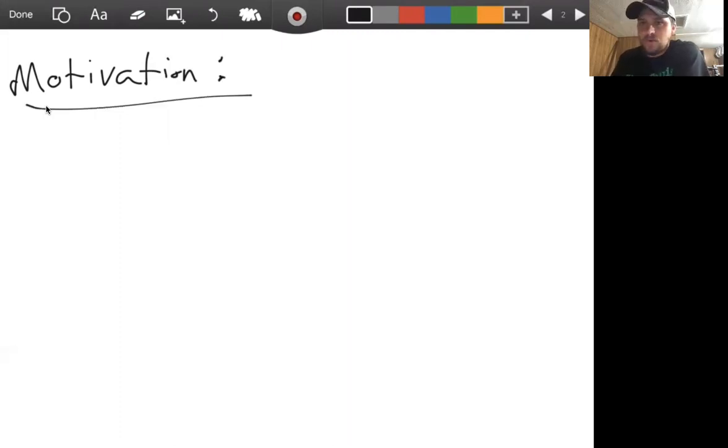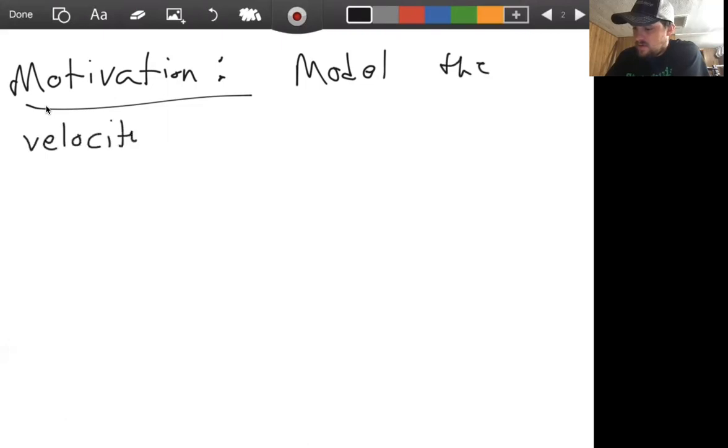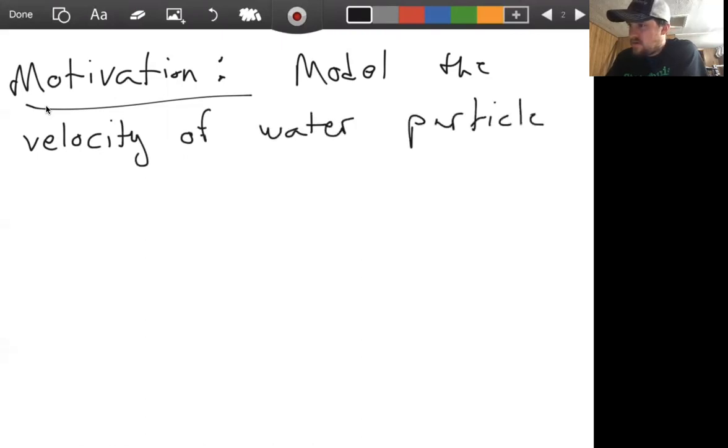So let's imagine we want to model the velocity of water particles on the surface of a river.